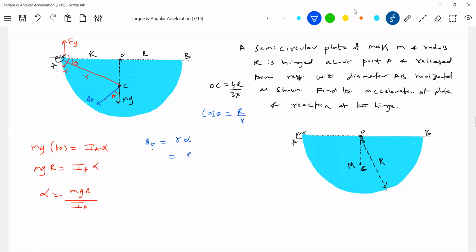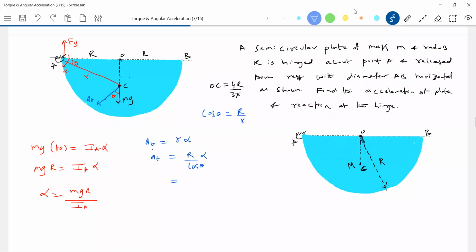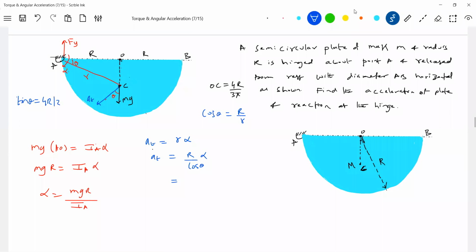So this should become R cos theta alpha. Theta value we can find out. We have assumed theta, so we should find it from OA and this one. What is tan theta? Tan theta should be equal to 4R by 3 pi by R, or 4 by 3 pi. From this I should calculate cos theta and substitute it, so I'll get a tangential.